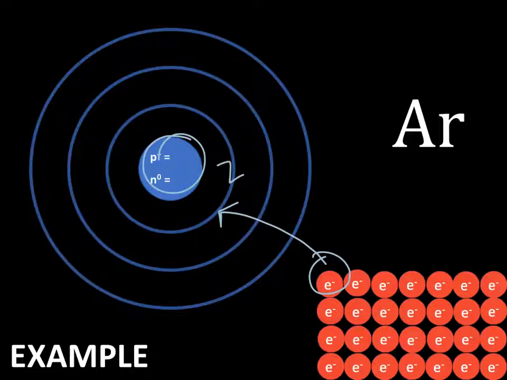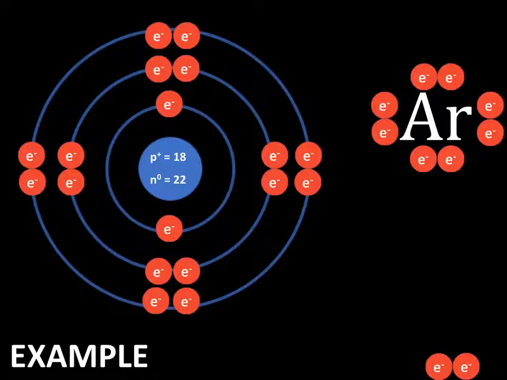The second energy level can hold up to 8, and then the third energy level can hold up to 8. You're also going to use these for the electron dot structure. You're not going to use all of the electrons for the majority of your models, but that's how you're going to do it. The end result should look something like this.